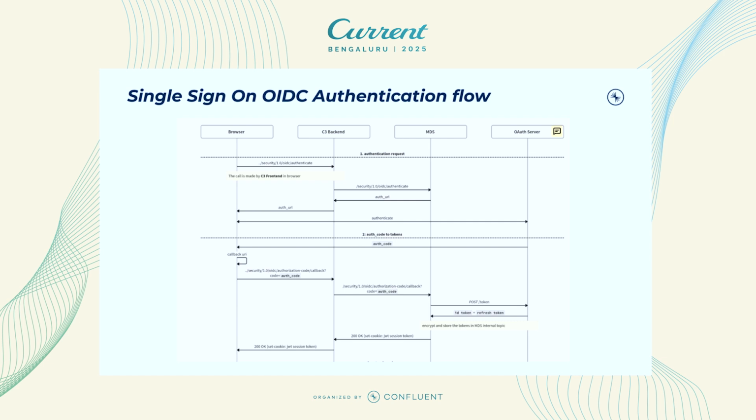The purpose of the auth code is this: in SSO, we don't want the application to know about the credentials the user is entering. So the auth code doesn't let the application know about the credentials the user has entered. And then we will have the ID token and refresh token. The ID token is the one which will have the identity of the user.